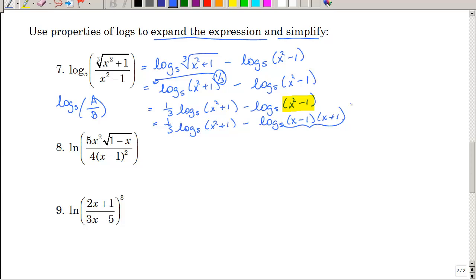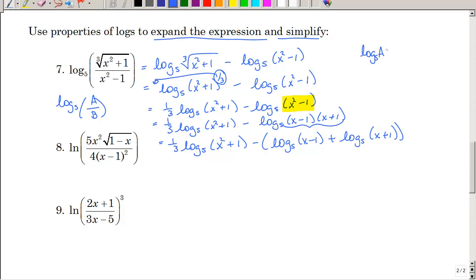And then since I have two logs being multiplied together, I could rewrite that. I would say minus the log base 5 of x minus 1 plus the log base 5 of x plus 1, because I'm using this property, a times b, could rewrite that as the log of a plus the log of b.